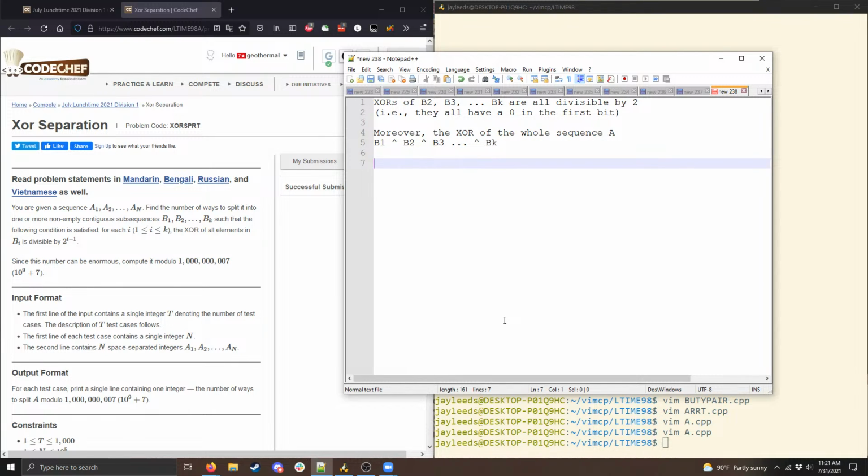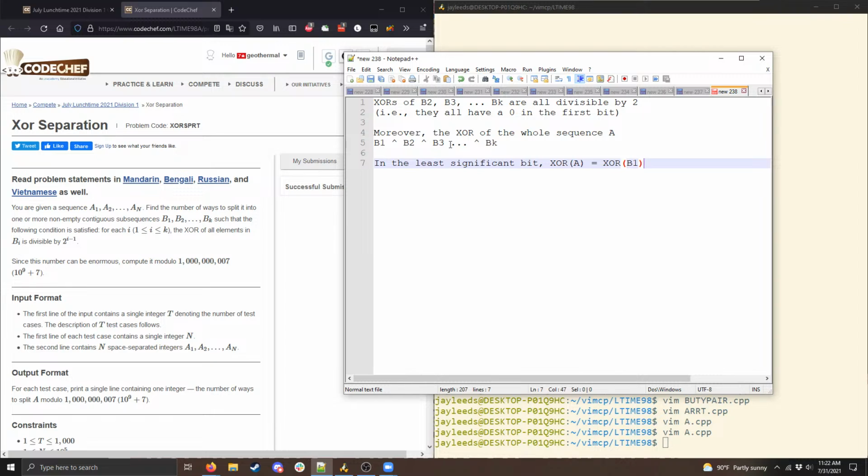And so what this tells us is if all of these have zeros in the first bit, then in the least significant bit, the XOR of A is equal to the XOR of B sub 1.